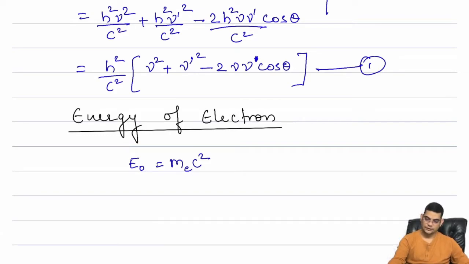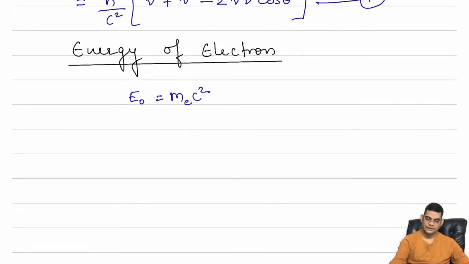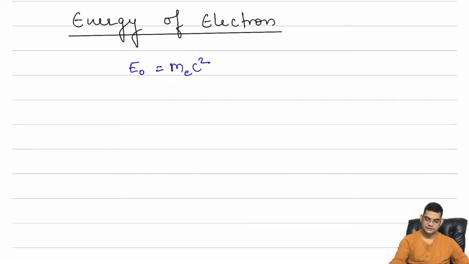And after the collision, the electron has some momentum, so its total energy is given by the energy of the electron is equal to root of P square c square plus m square c to the power 4.